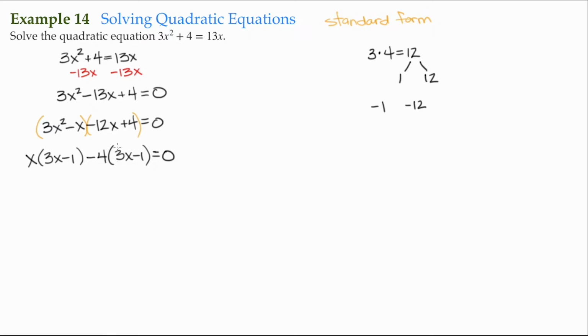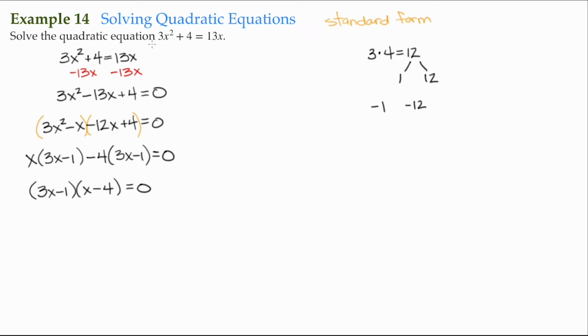Negative 4 times 3x, that's a negative 12x. And negative 4 times negative 1, that's positive 4. So since we have a common term again of 3x minus 1, we can factor that out. 3x minus 1, x minus 4, that's equal to 0.